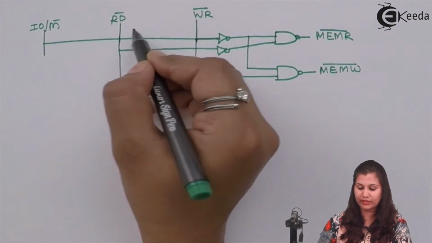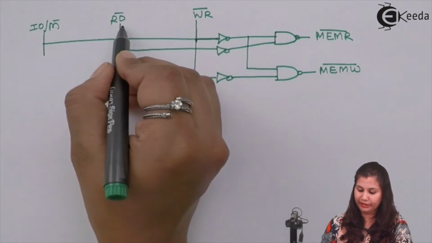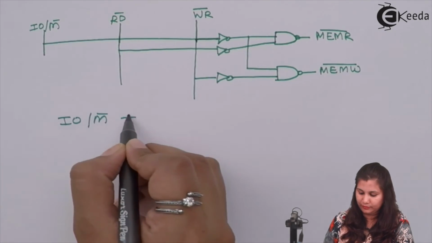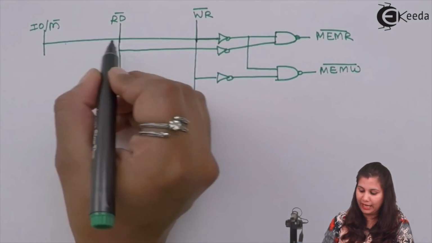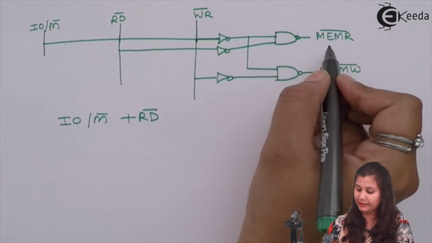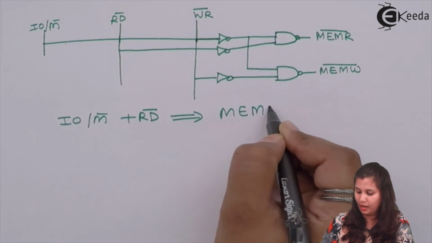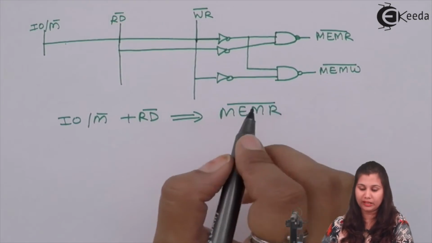So we have these three signals: input/output, and read. When these signals are combined, they are given as input to this NAND gate, and the output will be the MEMR signal, that is memory read.